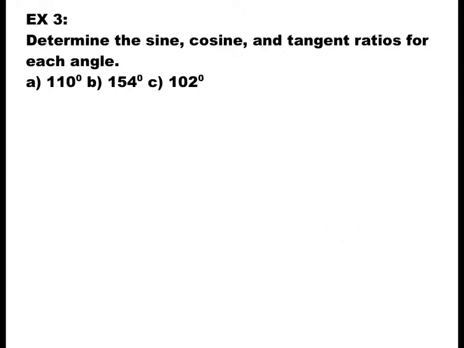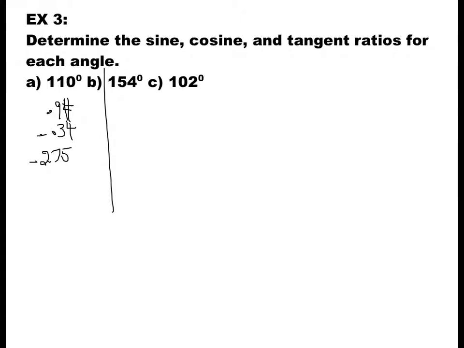Again, using your calculator, sine 110 is 0.94. Okay, so 0.94 is the sine. The first number I write is sine, the second one is cos and then tan. Cos 110 is negative 0.34, and the tan is negative 2.75. This is for the first one.